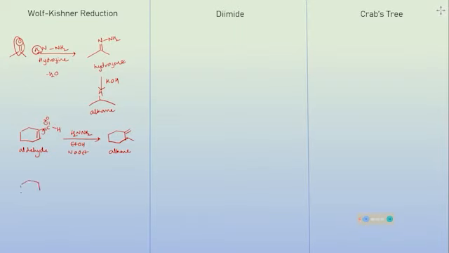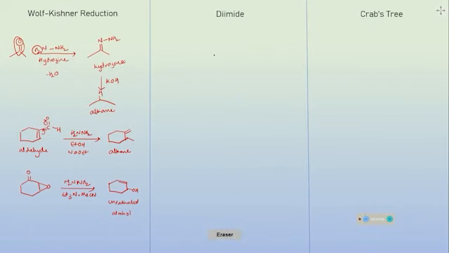Similarly, alpha beta epoxy carbonyl on reaction with hydrazine in the presence of base produces an unsaturated alcohol. This is called Wolff-Kishner reduction.